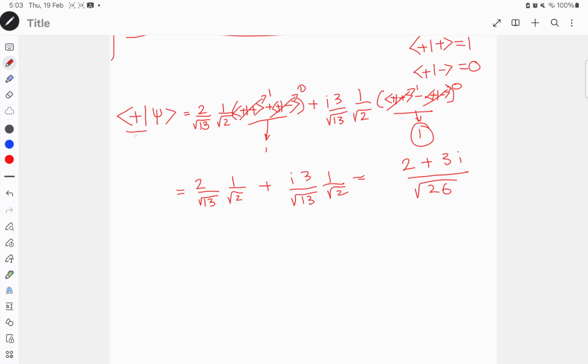So here we got the inner product, which is the probability amplitude. So if we want the probability, we should square the inner product.